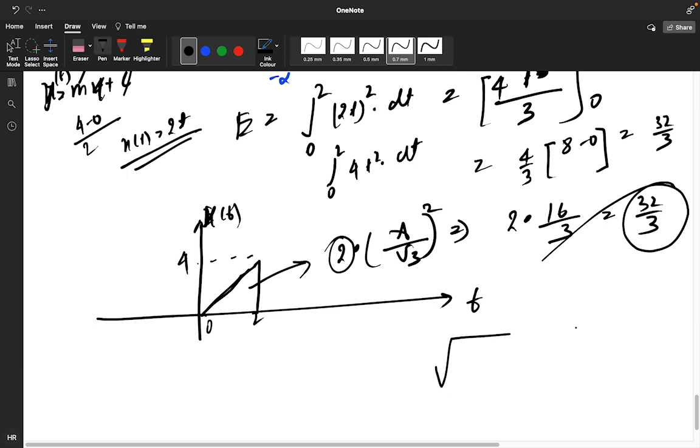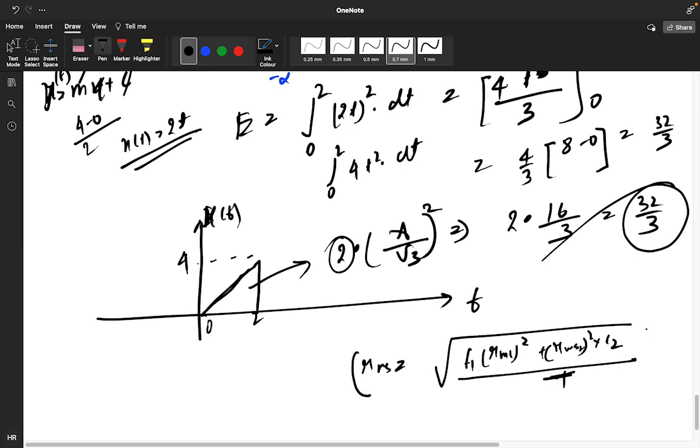Actually, the formula of RMS calculation we were doing: RMS 1 the whole square into time 1, plus RMS 2 the whole square into time 2, divided by the overall time period. That was the RMS concept we taught in the network.